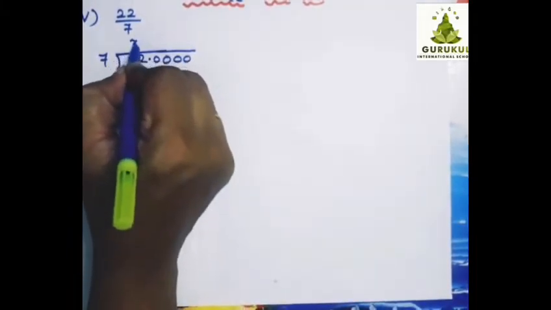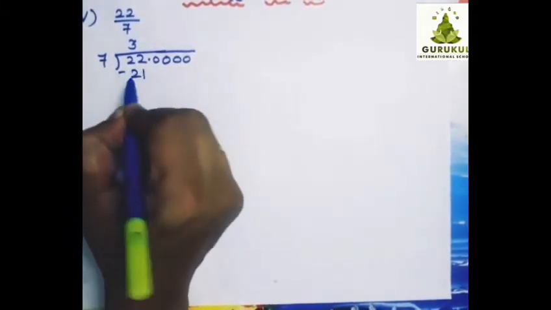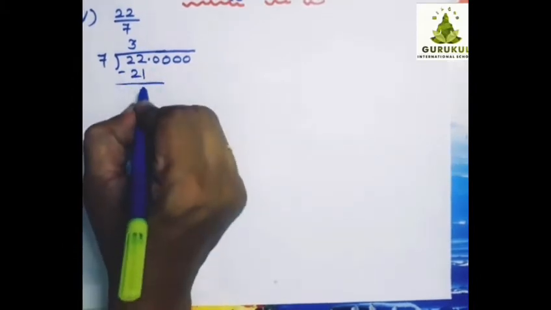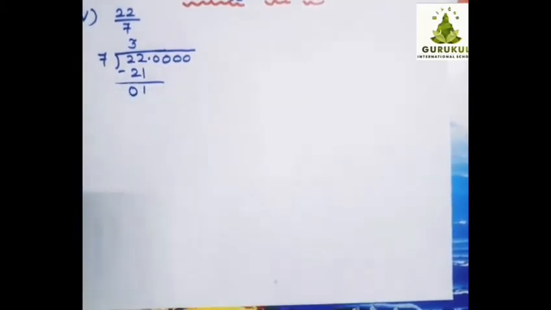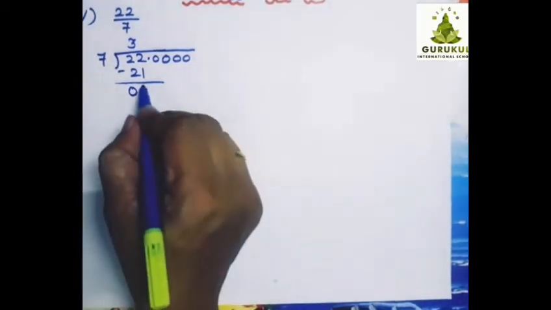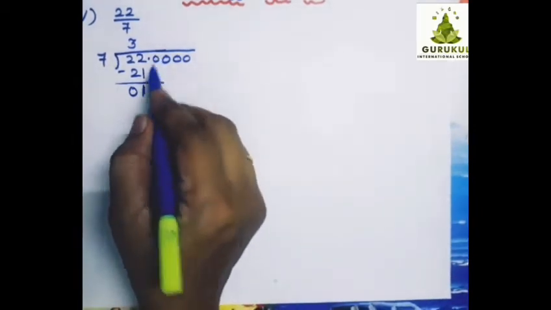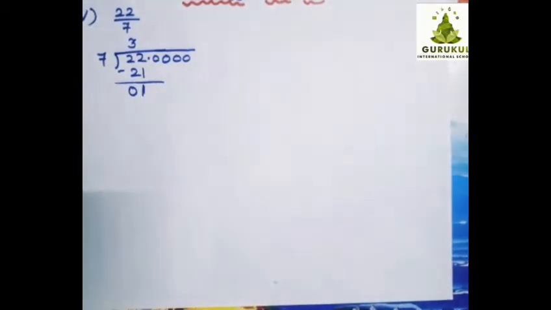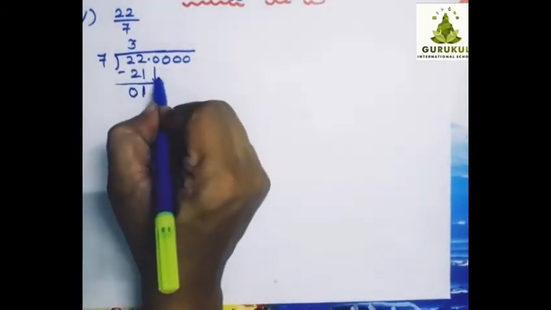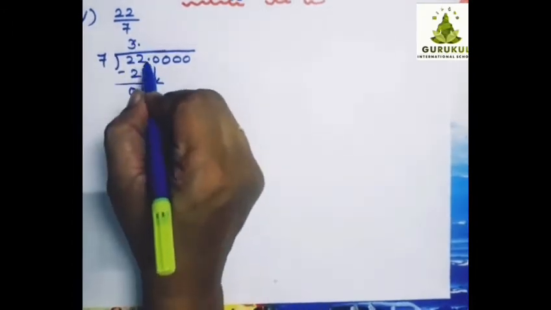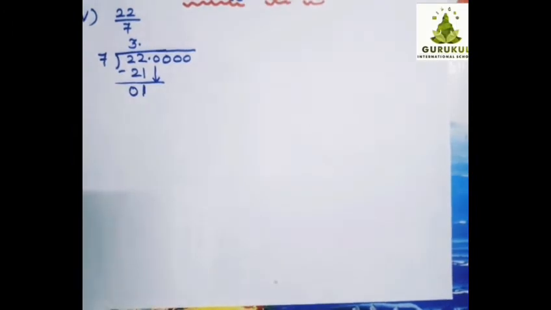7 3s are 21. 22 minus 21 will remain 1. Okay, remainder is 1. Now you have to take this 0 down. When we have to take the next 0 down, we have to put the decimal point. After the decimal point we are going to put 0, so we should put the decimal point here.